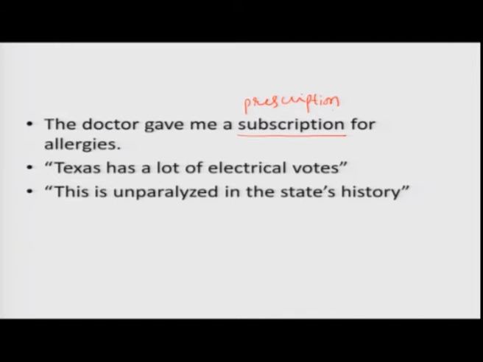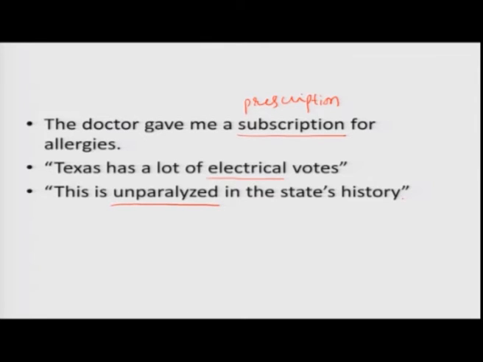So, this is a case of malapropism. Texas has a lot of electrical votes. This is from a speech. Instead of electoral votes, the person is saying electrical votes. Another example: this is unparalleled in the state's history.